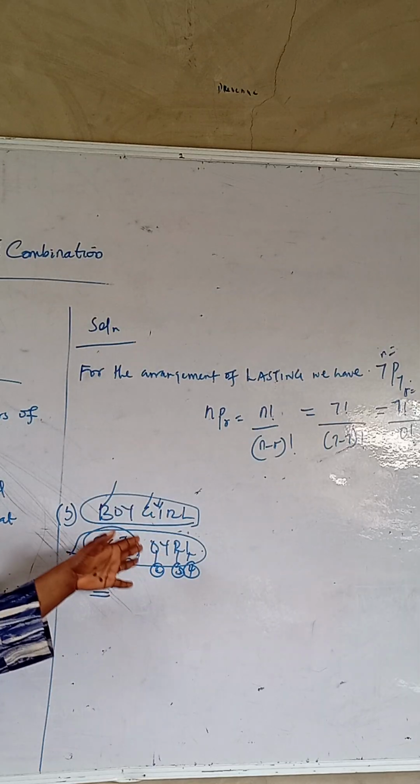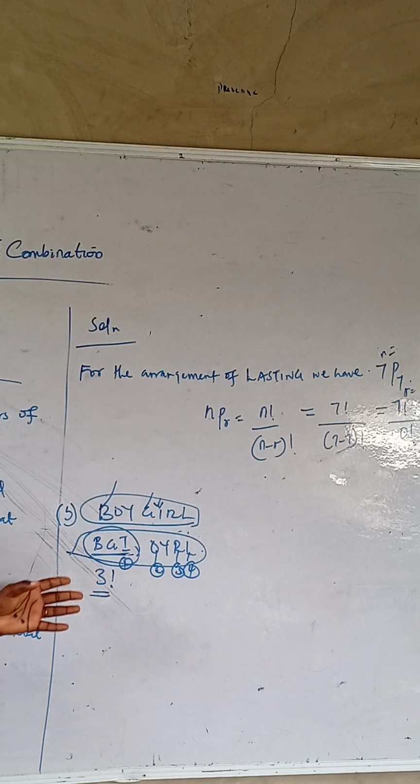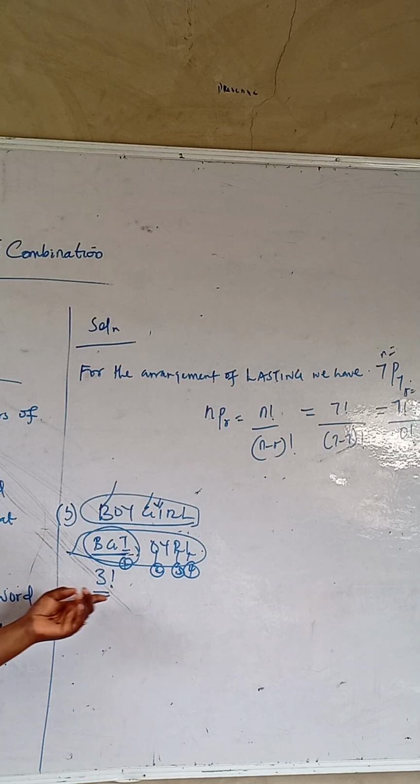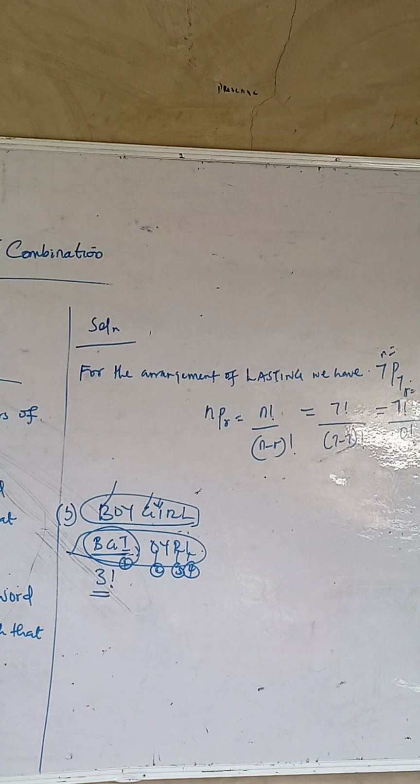So now if you want to evaluate this, you first of all take BGI into consideration, which we have done. So when you take BGI into consideration, how many letters do you have? 3 factorial. You do that and you keep it aside. Now, when you keep BGI aside, it means that in every arrangement that you want to do, you will be seeing BGI as 1 letter because they must be together.